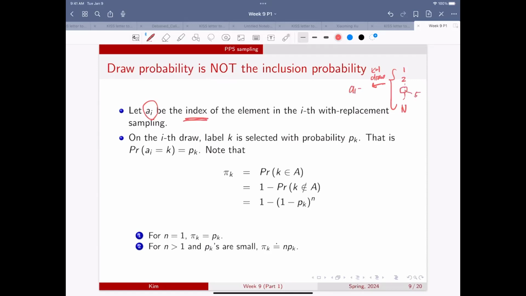Then A_1 is 5. So that is basically the index. So A_k takes values 1, 2, up to capital N, with probability p_1, p_2, up to p_N. This is the definition.